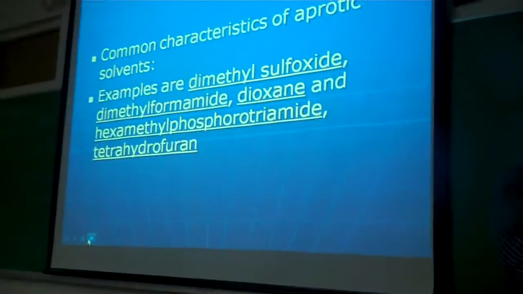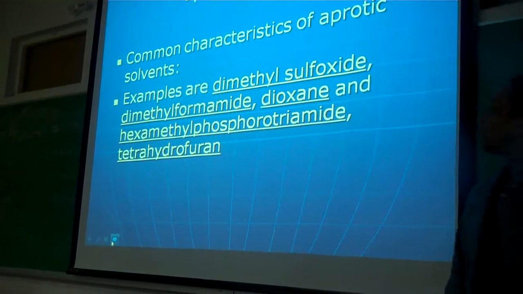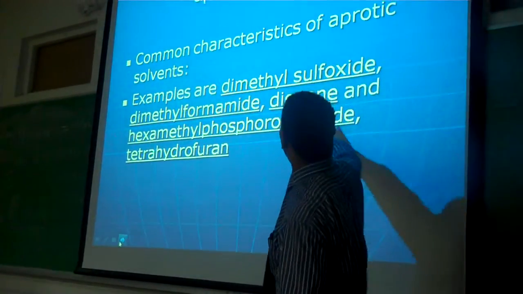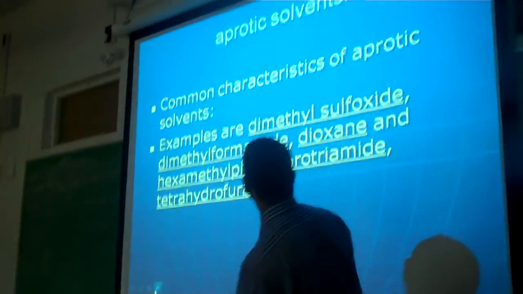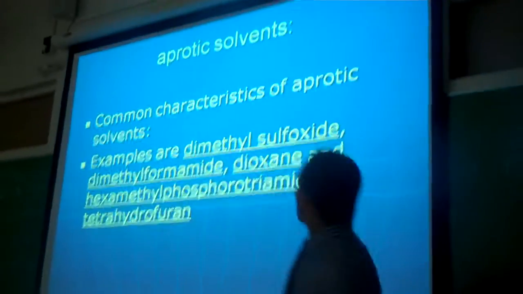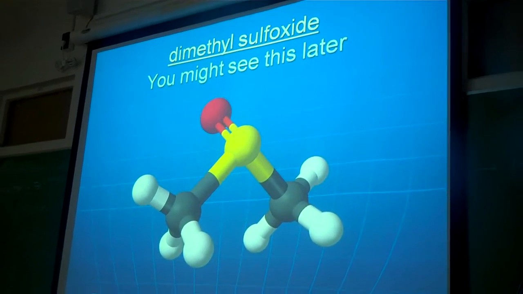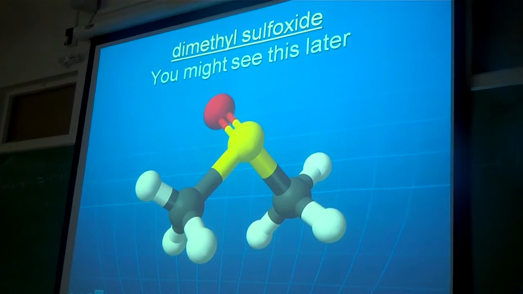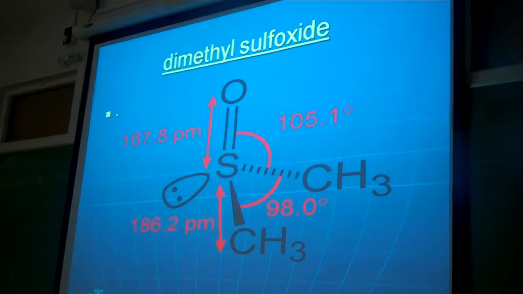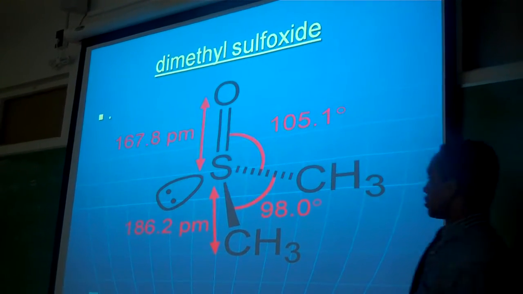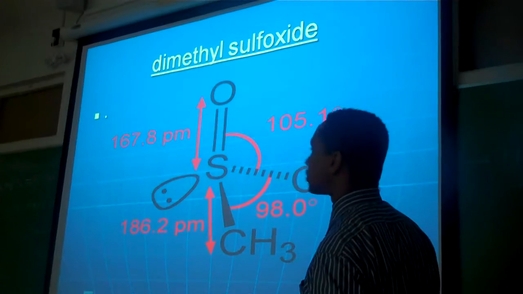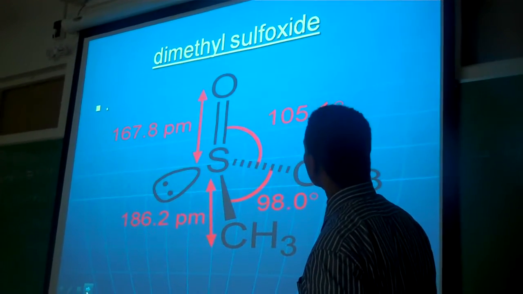Aprotic solvents. These are the more popular ones. Dioxide. That's a common one. And dimethyl sulfoxide. Hexamethylphosphoramide. This one you might see later. It looks like water, kind of, right?